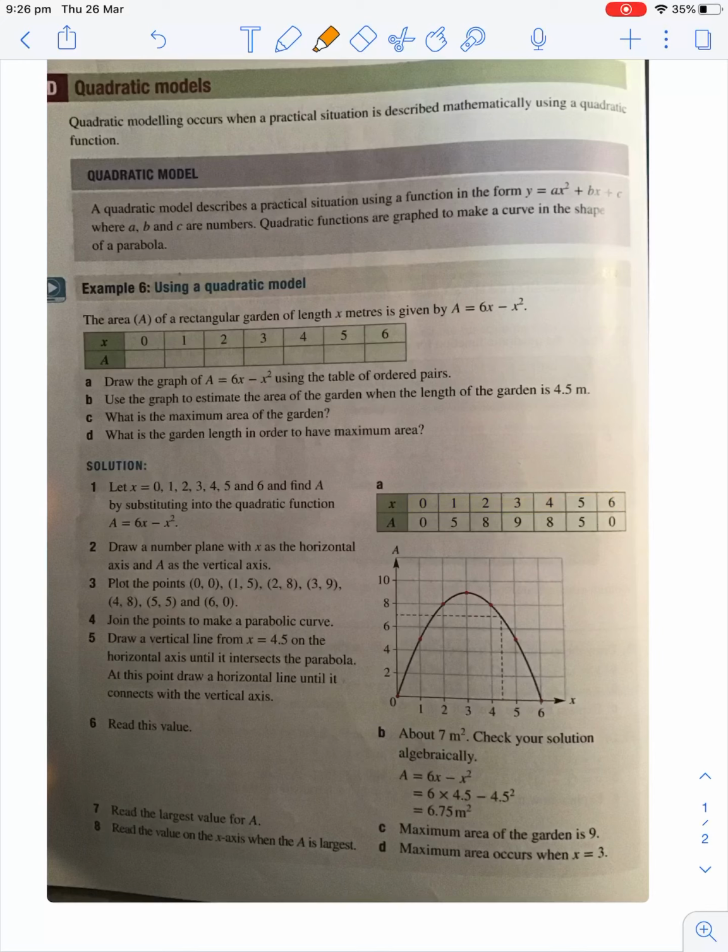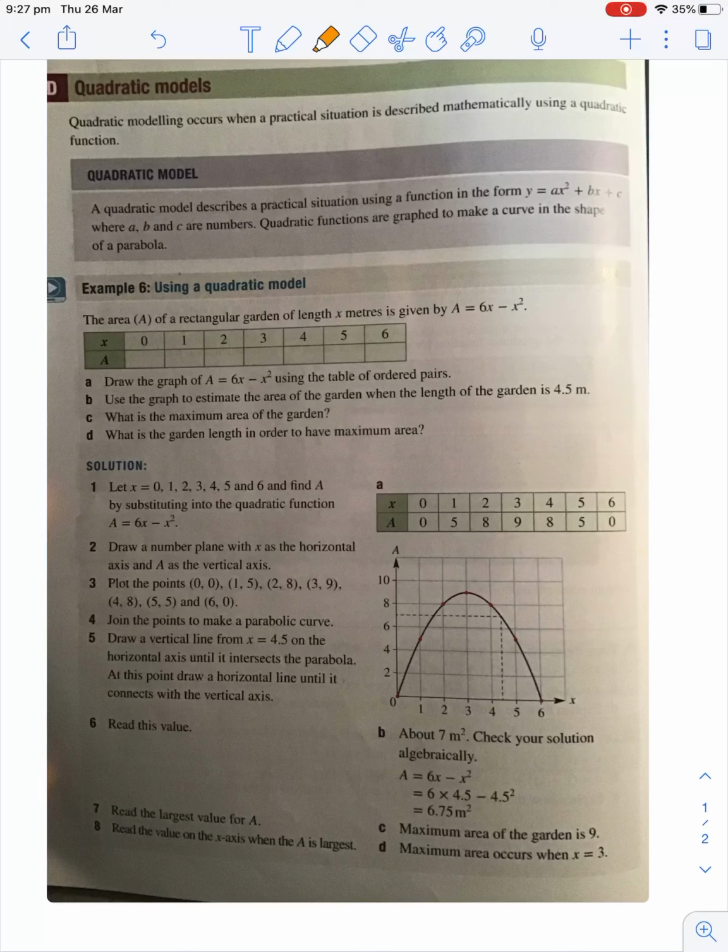In this situation, when x is dealing with lengths, it can only be positive. So here they start at 0 and go all the way to 6. You probably didn't have to go all the way to 6, but the more you do, the better. In this context, you didn't have to worry about any negative values of x because length is always positive.